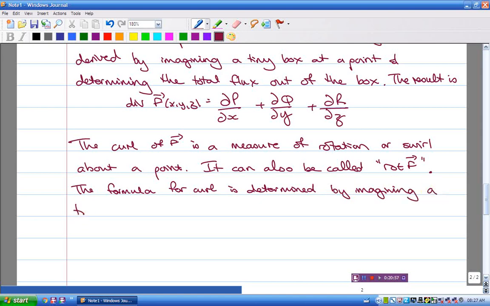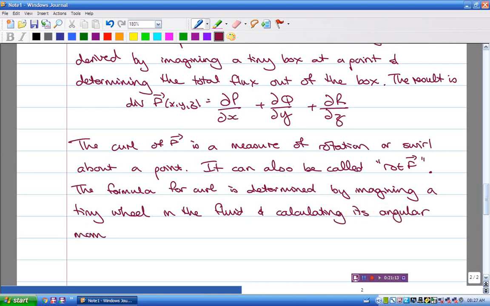By imagining a tiny wheel in the fluid at a point and calculating its angular momentum, and then when you've done that derivation, you end up with a constant times a thing, and it's that thing that we end up calling curl.